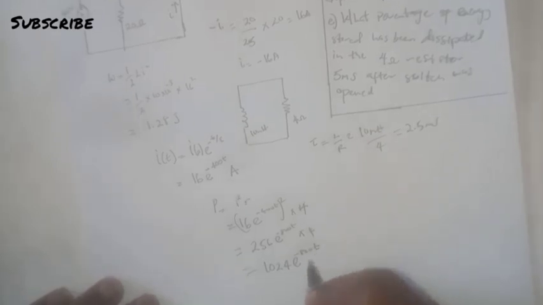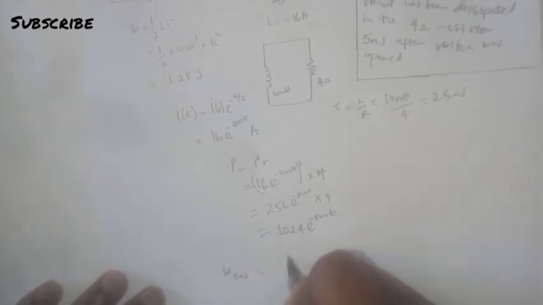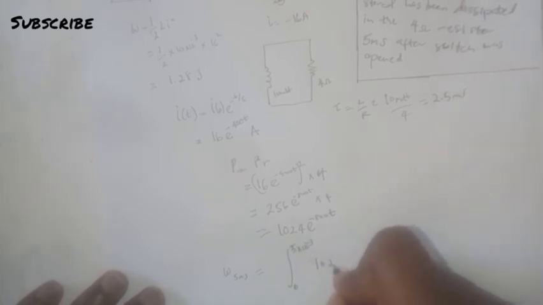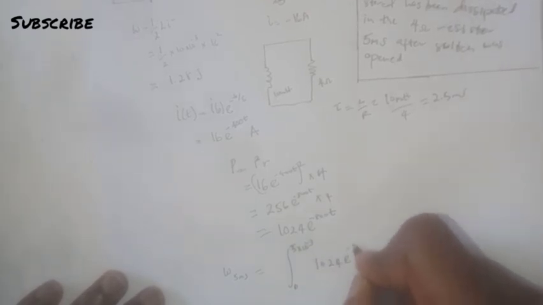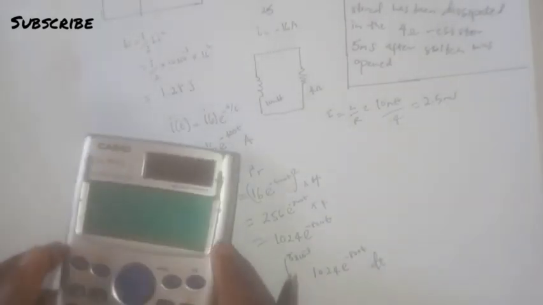To calculate the energy that has been dissipated after 5 milliseconds, we take the integral from 0 to 5 times 10 raised to the power minus 3 of 1024 e raised to the power minus 800 t dt, and you can do this with the help of a calculator.